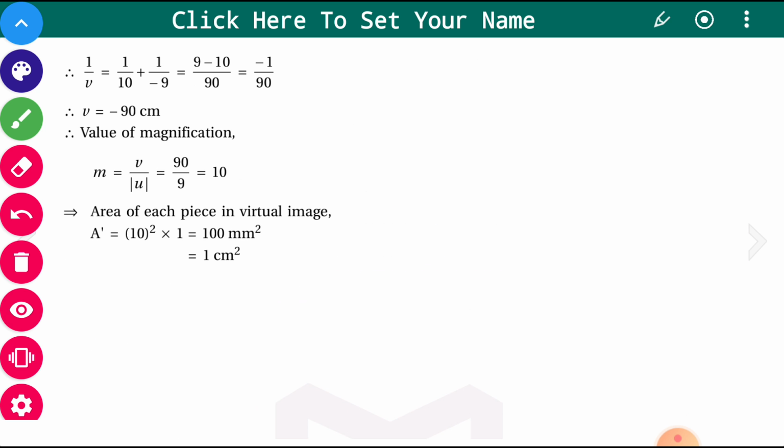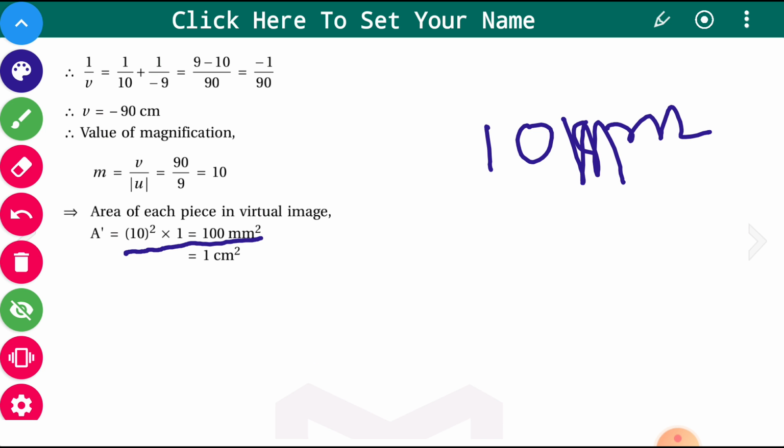Now magnification is 10 times, so its length is increased 10 times, its breadth is increased 10 times. So length and breadth of the square piece will be 10 millimeter in the image. So 10 into 10 will give you 100 millimeter square, or we can say 1 centimeter square will be the area of each piece in the virtual image.